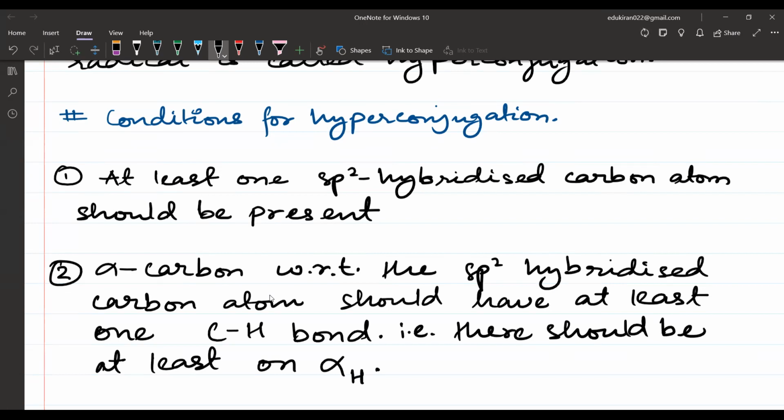So the adjacent carbon with respect to sp2 hybridized carbon atom should have at least one CH bond. Right, both of these conditions. If both of these conditions are there, then there will be hyperconjugation. सबने लिख लिया, कंडीशंस लिख लिया सबने?